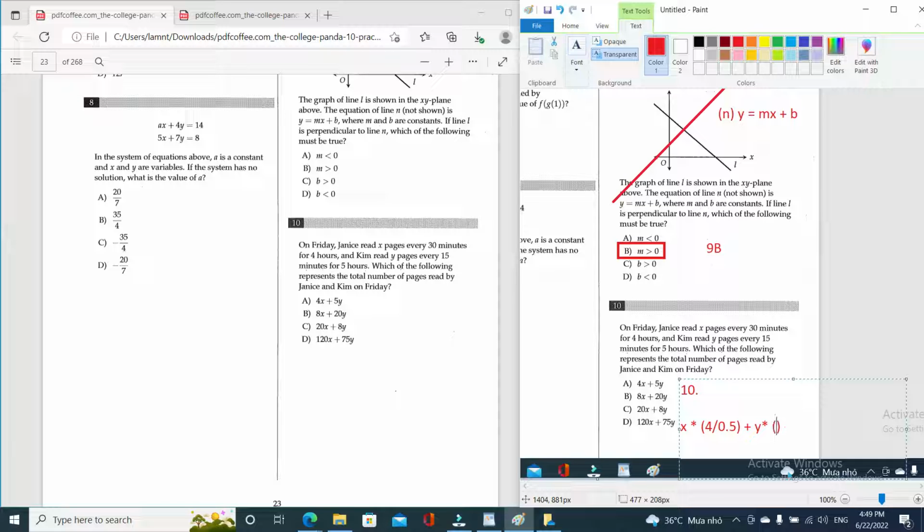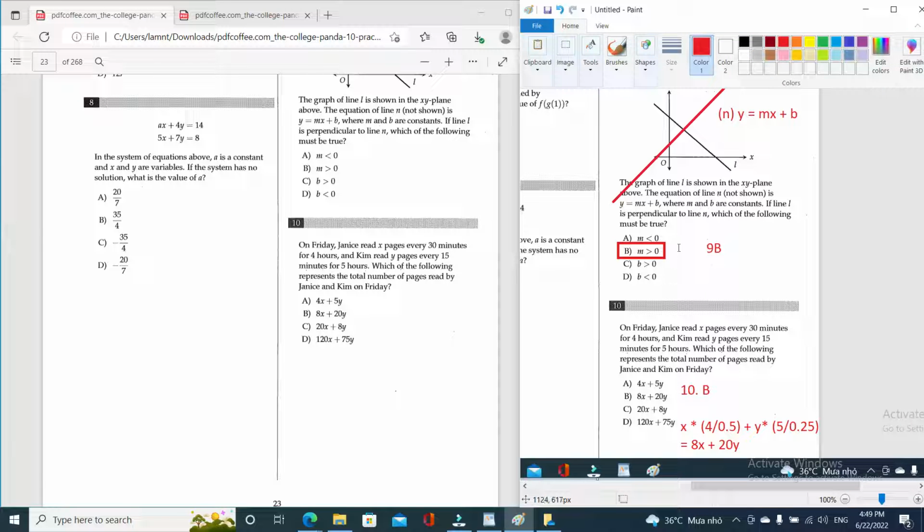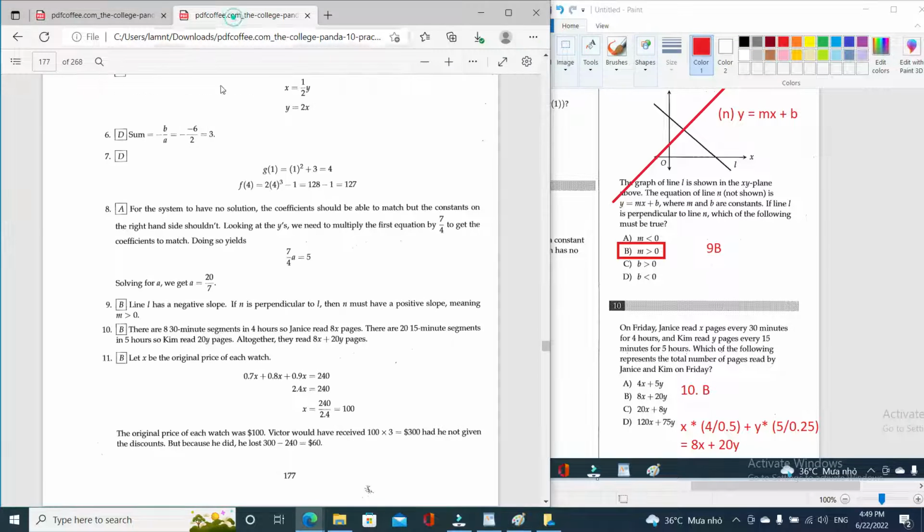So it's 5 divided by 0.25, right? Because 15 minutes is a fourth of an hour, so that's eventually equal to 8x plus 20y, right? So 10 should be B as well, right? Let's check. So 9 is B and 10 is B.